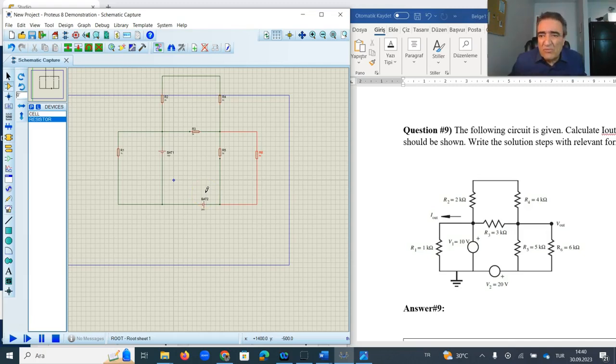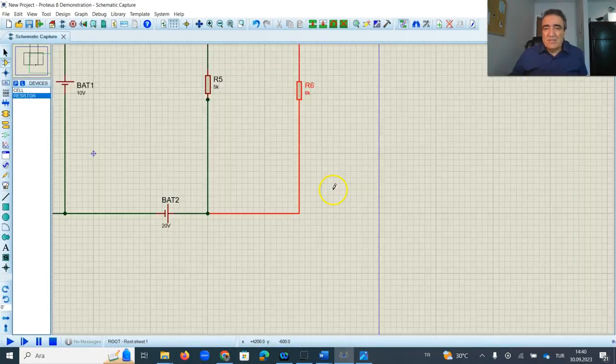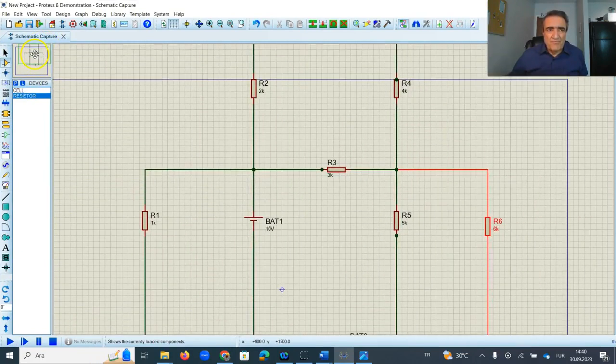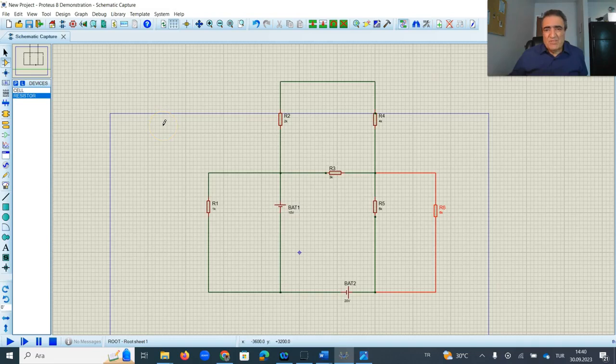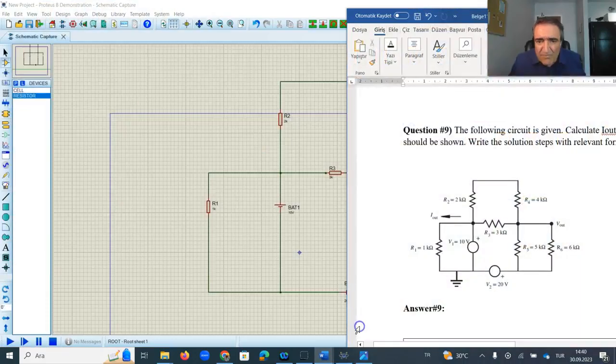I want to check once more. 2, 4. Yes, now I can enlarge our figure. Okay, here. So we have to add a ground here, because you see here we have a ground.